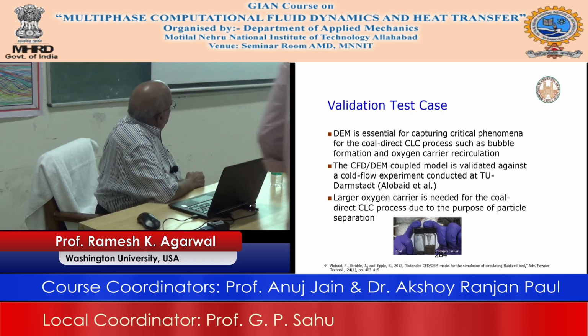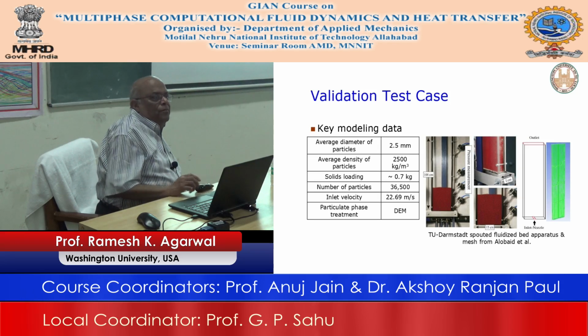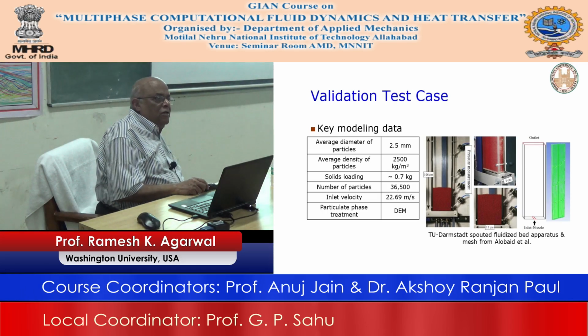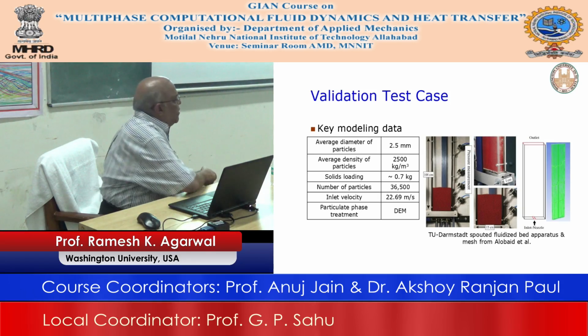This is the loading, this is the density, and the size is 2.5 millimeters. That is not bad. If you have 2.5 millimeter parcels, it is good enough to get a really good answer. So this is a really nice size, and this is the validation.